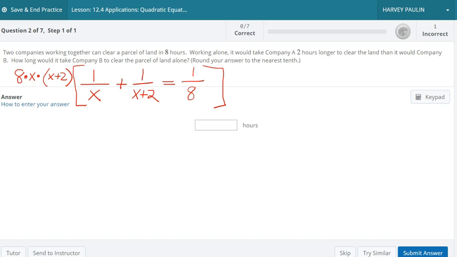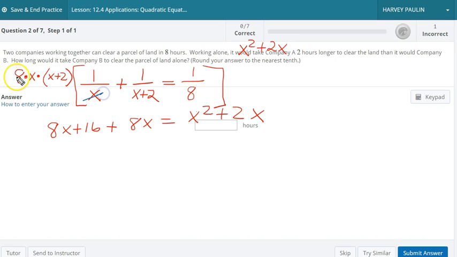So I'm going to multiply each of these and then get back and show you what I've done. So the algebra is not too bad here. Let me just change colors here a little bit. Now we're going to cancel the x with this x over here. So we're left with 8 times x, which is 8x, 8 times 2, which is 16.